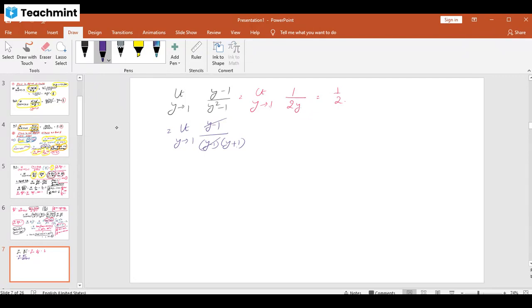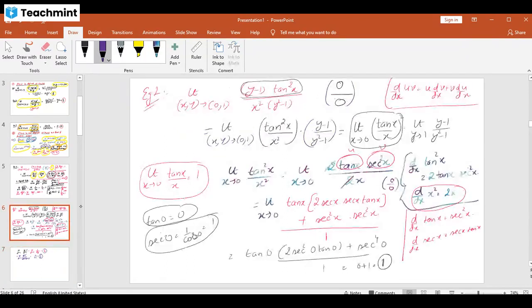And now because your function is defined, if I substitute y equal to 1, then its limit comes out to be 1 by 2. So either we can apply L'Hopital rule or we can use the concept of limit here. In any way, you can find out the limit of this function is 1 by 2.